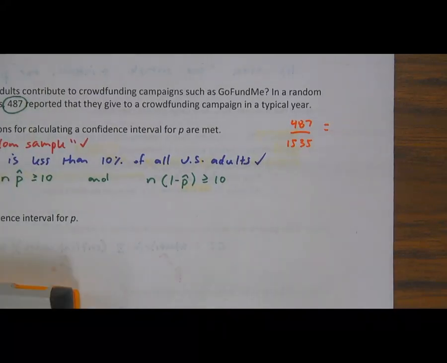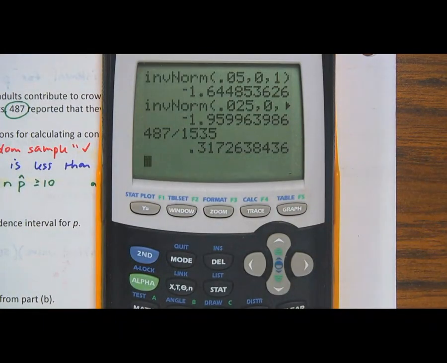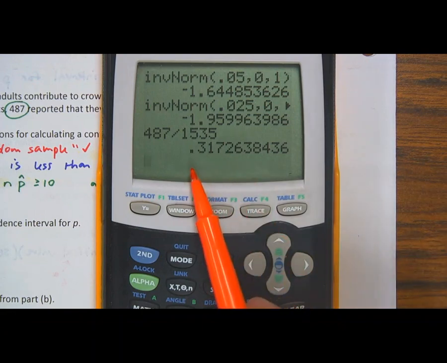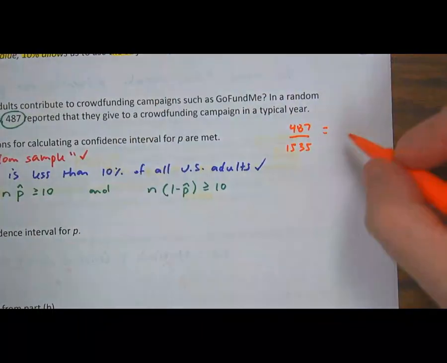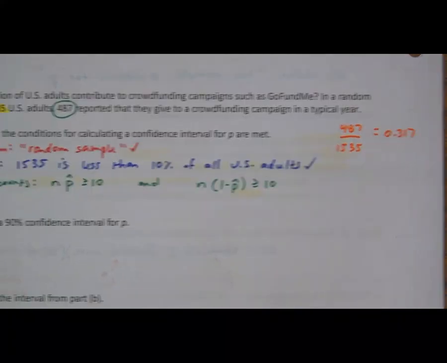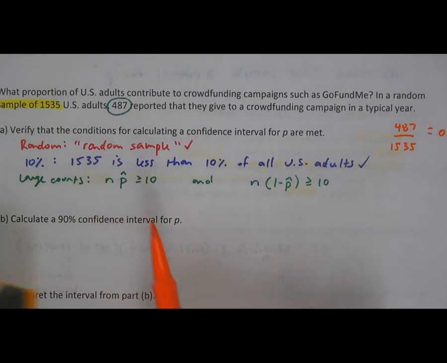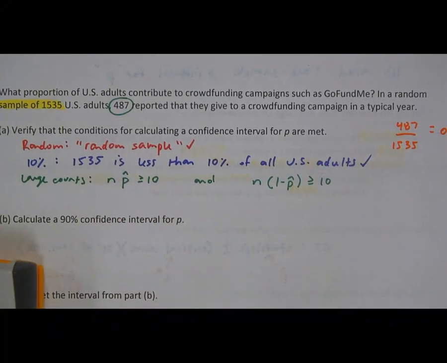So that's 487 divided by 1535. That's going to be p-hat. Let's take it out to 3 decimal places, 0.317. So they gave us p-hat in a roundabout way. So in the calculator, I'm going to take my sample size, 1535, times that 0.317.